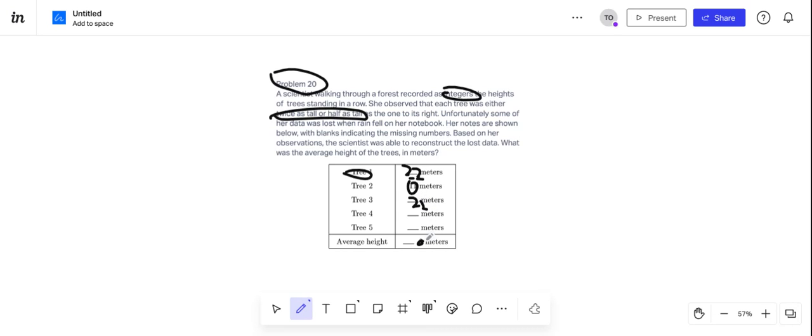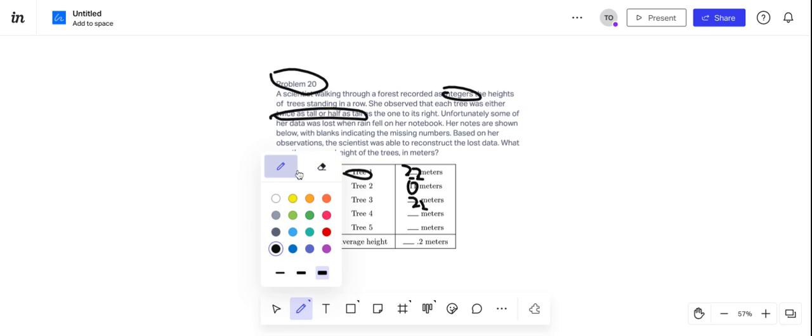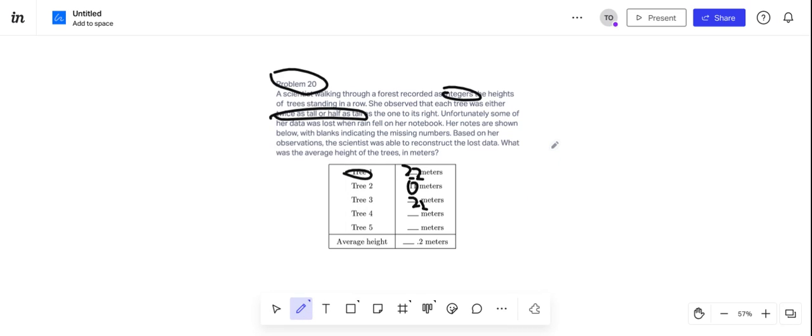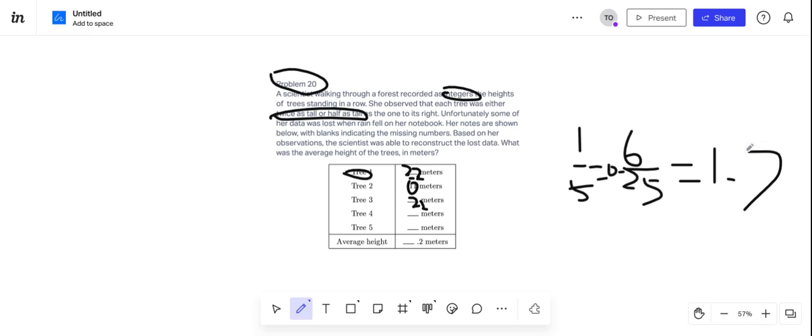22. And now, as you can see, wait, I accidentally erased it. The average ends with 0.2, which means that the sum has to end with a 1 or a 6, because 1 over 5, since there are 5 trees, equals 0.2, and 6 over 5 equals 1.2.